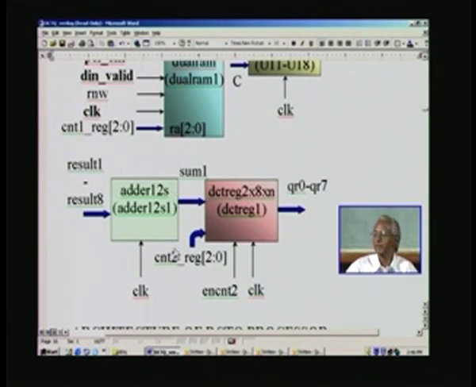The reason will be clear now. That is because we have a following register here, and what is the point in having a register here and one more register duplicating? It is a waste of a register. So in order to avoid that, we dispense with the register here, whereas in the next stage you will see there will be a register, because in the following stage there is no register.